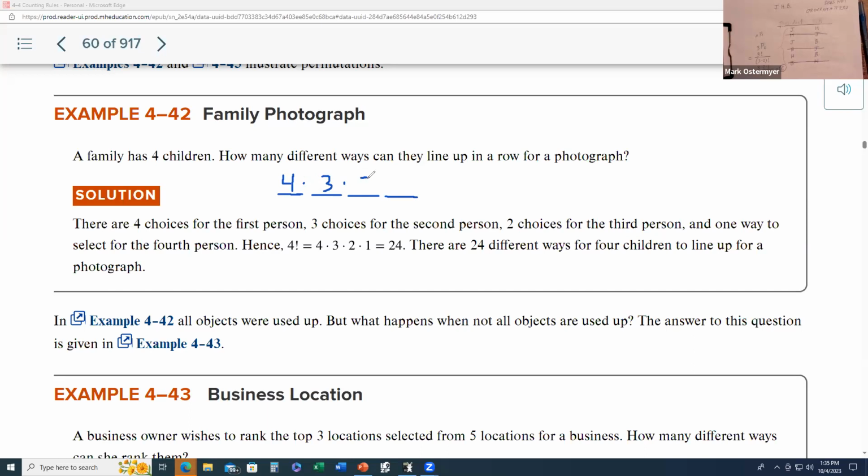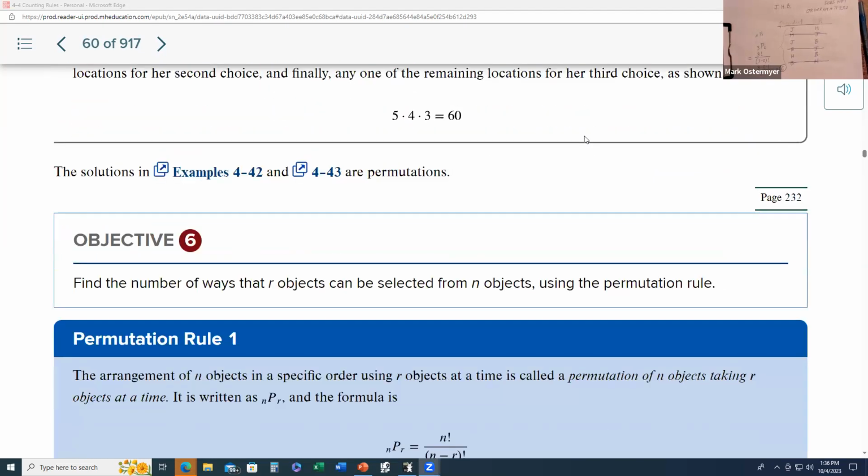So that leaves only 2 people left to occupy third place in line, times 1 person left to choose for last place. There'd be 24 different ways of arranging these 4 people in line, first, second, third, and fourth in line. Okay, 24 different unique ways of arranging these 4 children in line. That's a permutation. Order matters.